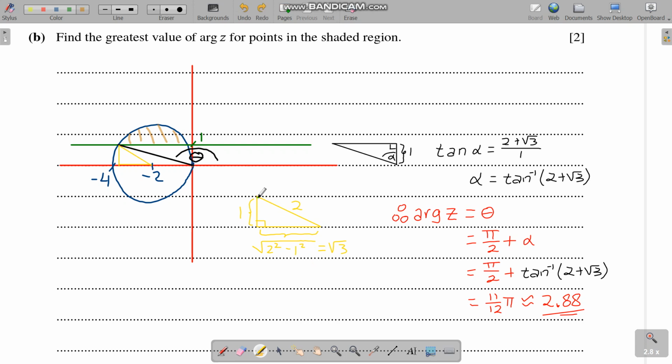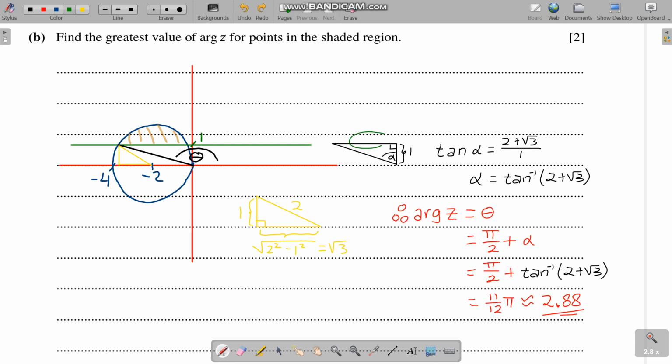Using Pythagoras, we can find the other side, which is root 3. Of course this is the radius 2, so the total length here would be 2 plus root 3, and this is 1.